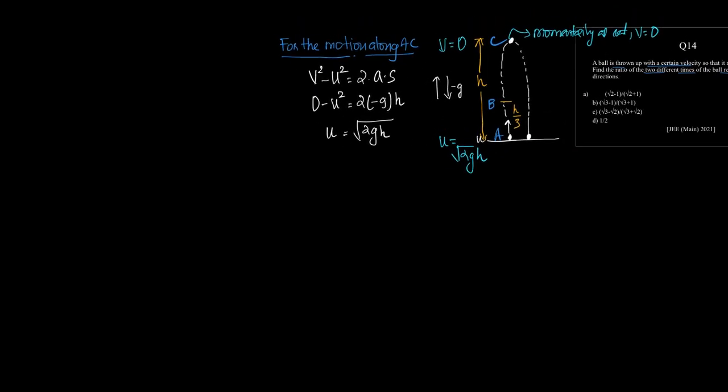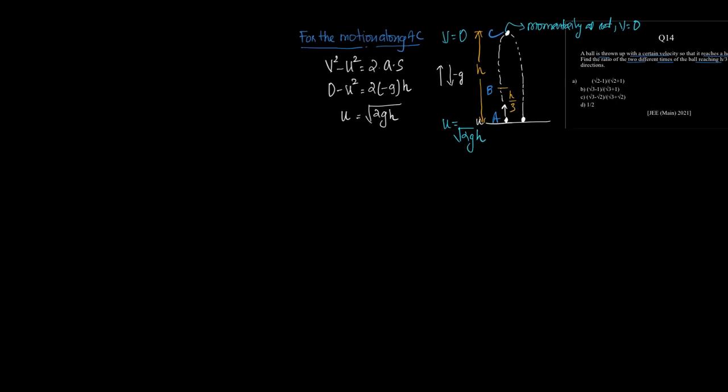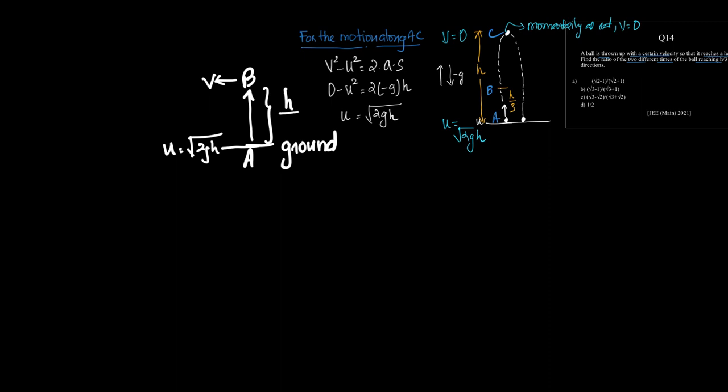Now let us consider the motion of the body only from the ground till the height h by 3. So it is projected from the ground with the velocity u, which is equal to root of 2gh. We are talking about motion from A to B with corresponding velocity being vb, and the displacement now being h by 3.